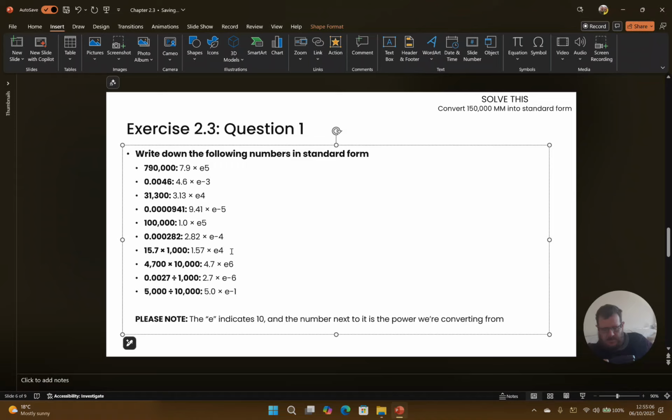And better do this one as well. And I think this one's going to be 7. It is.